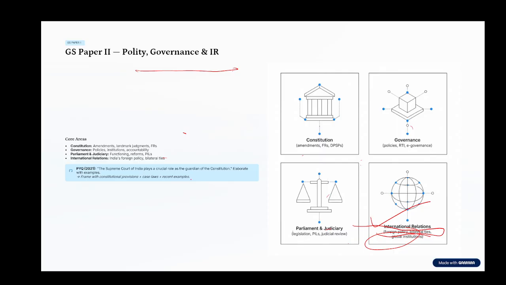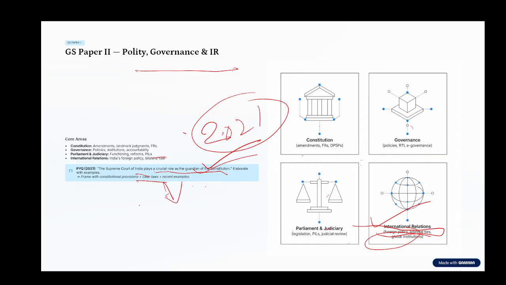Okay, so how will the question be asked? In 2021 we got a question: the Supreme Court of India plays a crucial role as the guardian of the Constitution. Elaborate with examples. So here we have to frame the constitutional provisions with case laws.